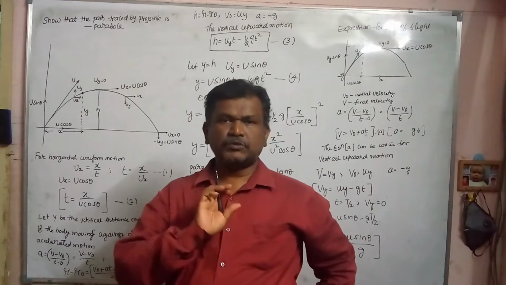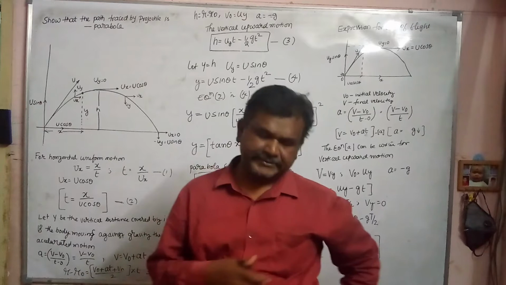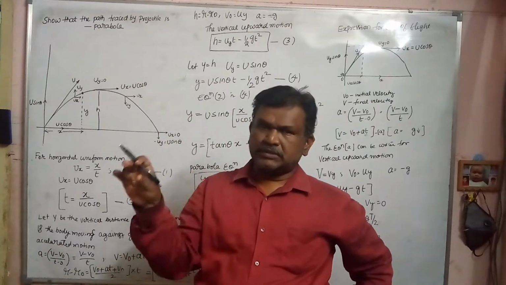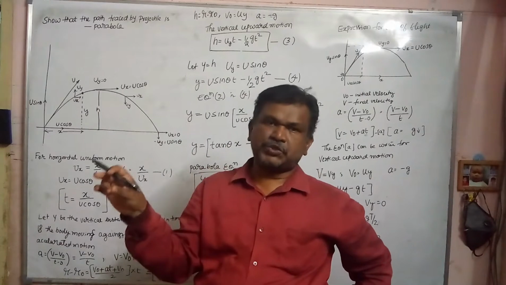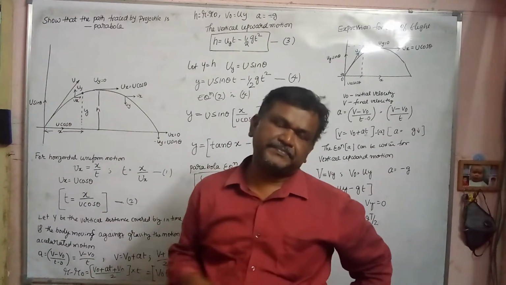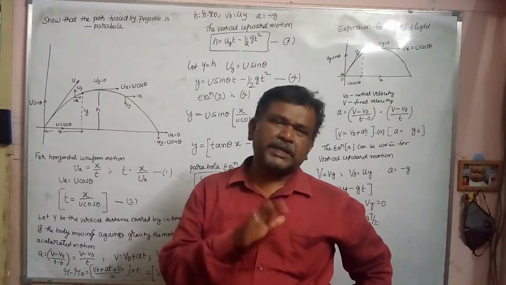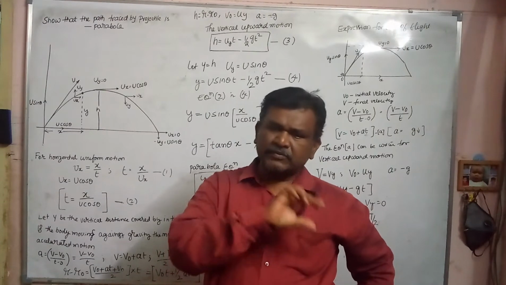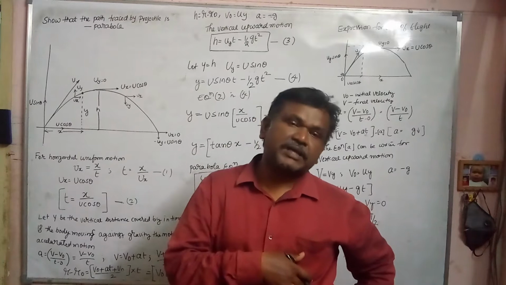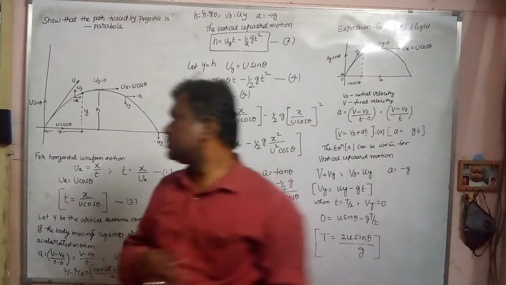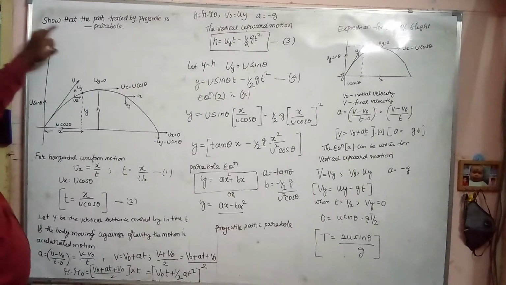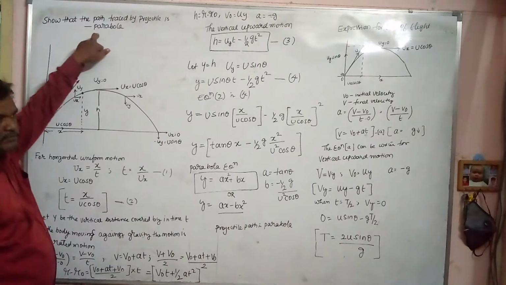If I want to throw it in the air, what path will be taken by that thrown stone? That is actually a parabola. We have to prove that the path of what we call a projectile is a parabola.